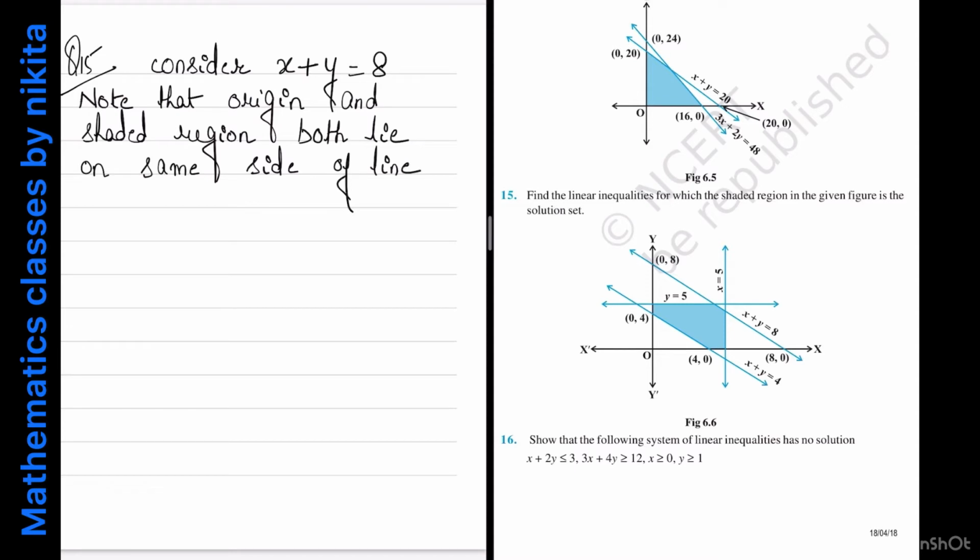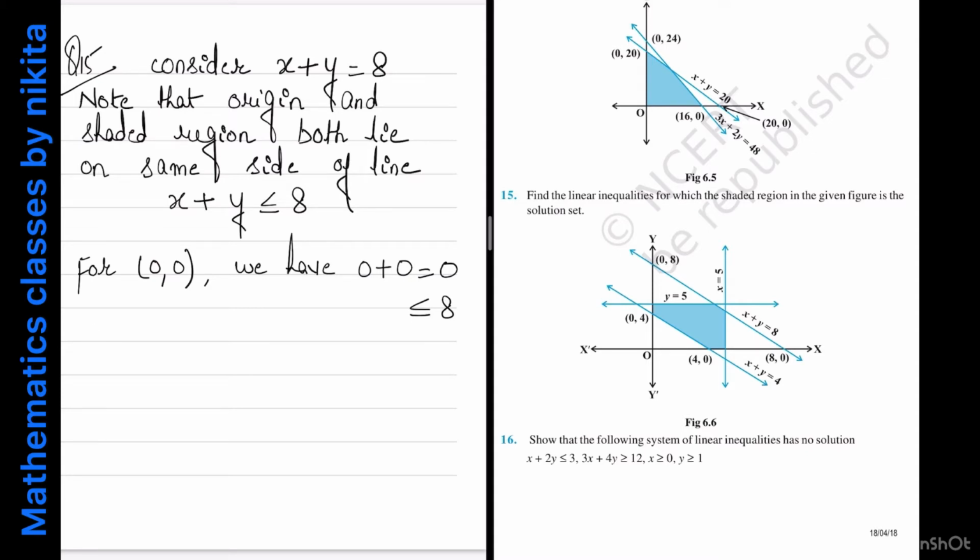Now let us consider the inequality x plus y less than or equal to 8, that is the lower half plane, and let's see whether the origin satisfies this. For (0, 0) we have 0 plus 0, which is 0, which is always less than or equal to 8. That means the origin lies in the lower half plane, so the origin satisfies the inequality x plus y less than or equal to 8. Therefore the shaded region also satisfies this inequality.